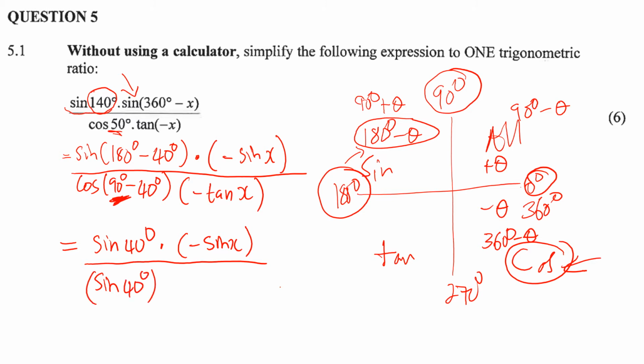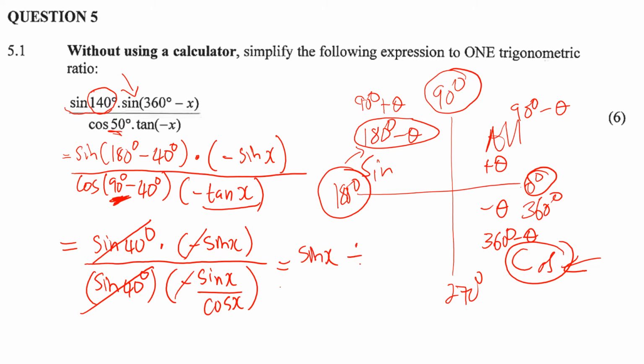All right, so what is minus tan x? That is an identity. We can change it into minus sine x over cos x. Okay, so sine 40 and sine 40 will cancel each other. Then negative and negative will also cancel. Then we have sine x divided by sine x over cos x.